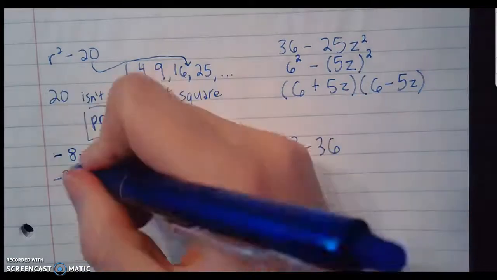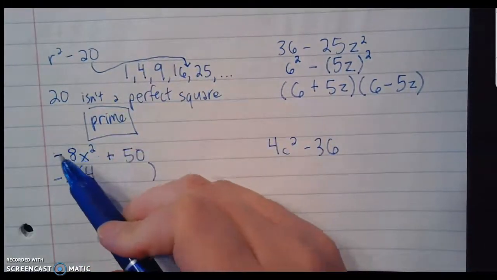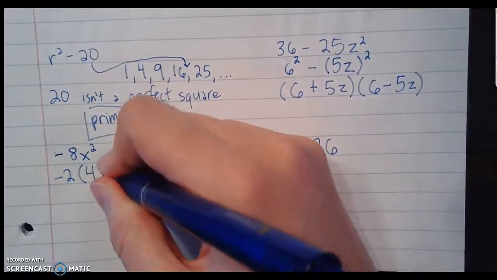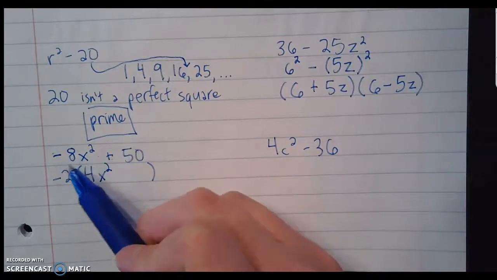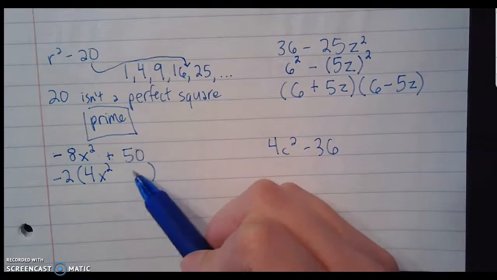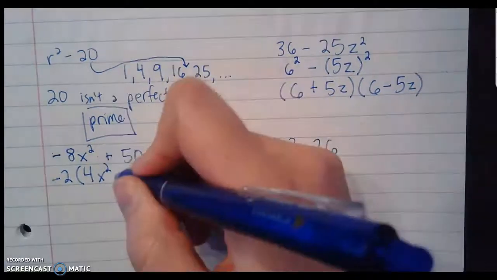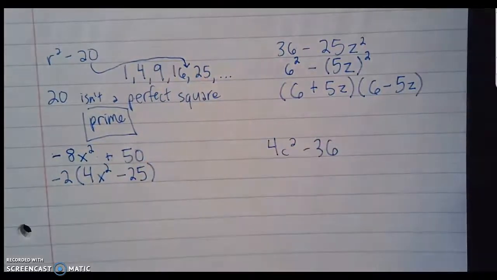Well, negative 2 times 4 would get me back to negative 8, and I'll need an x squared for that first term. Negative 2 times 4x squared would be a negative 8x squared. And then negative 2 times what would give me this plus 50? Well, that's going to be a minus 25.